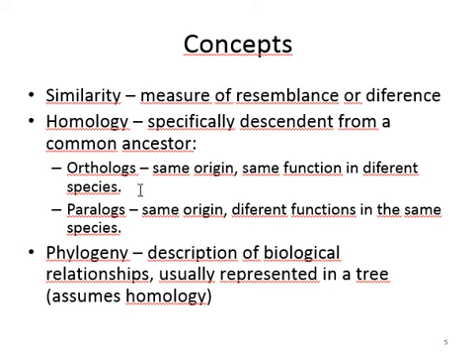You have already heard these concepts. Phylogeny, it is represented by a tree, and it represents biological relationships. It may be among organisms, among proteins, among genes, and these trees assume the existence of homology.